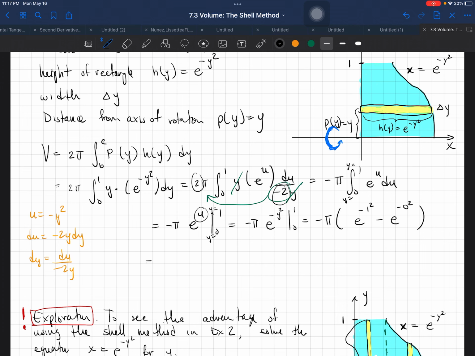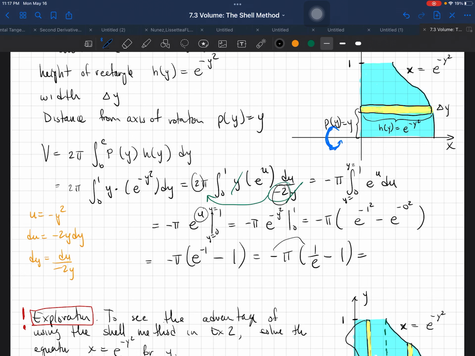And so we have negative pi. This is going to be e to the negative 1, and this is going to be e to the 0, which is 1. So therefore, we end up getting negative pi times (1 over e minus 1).